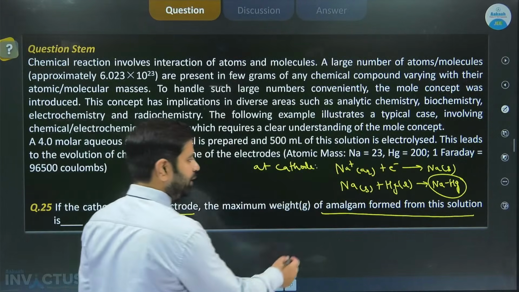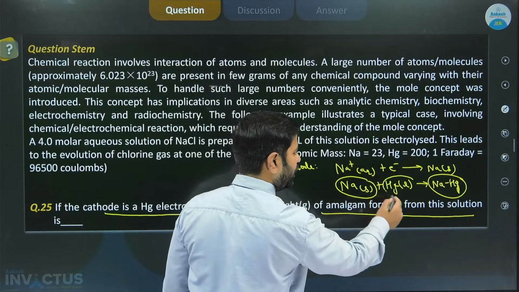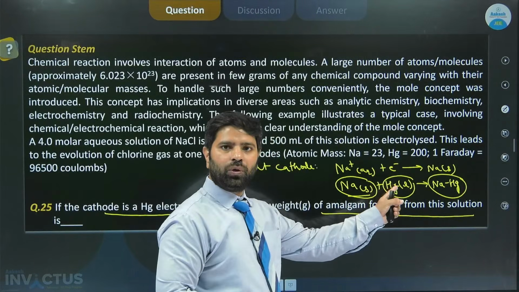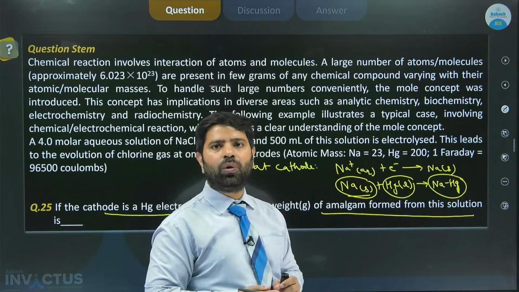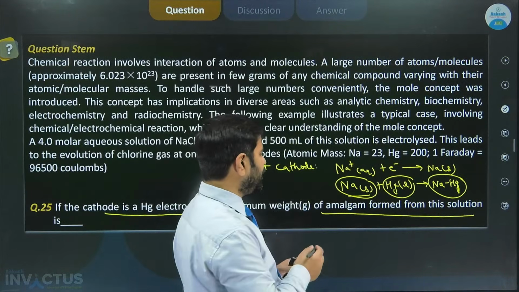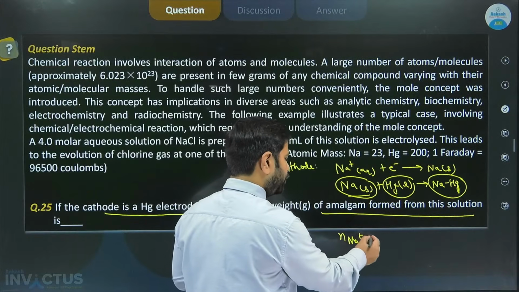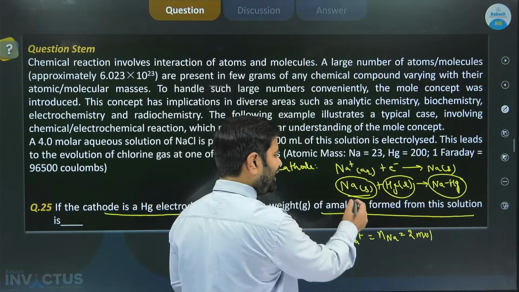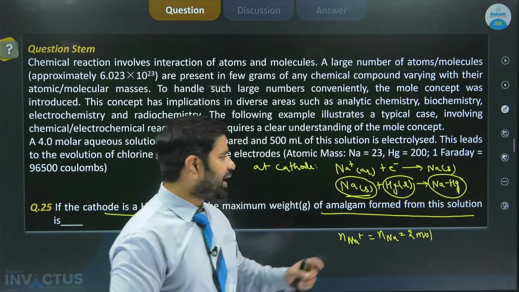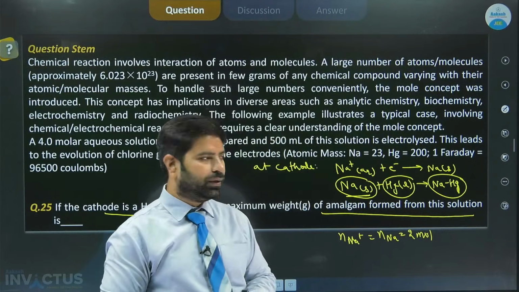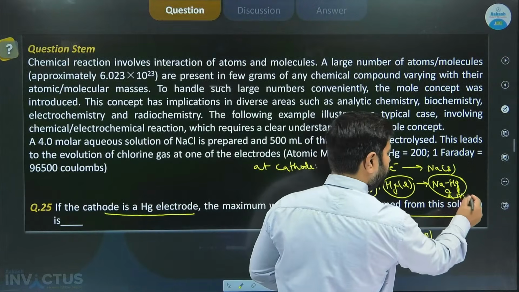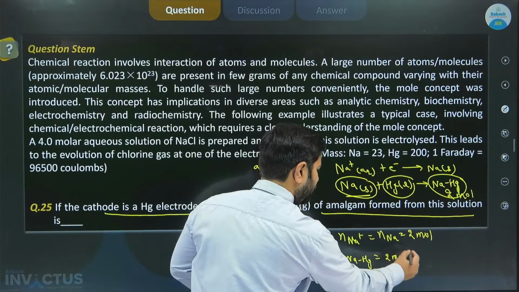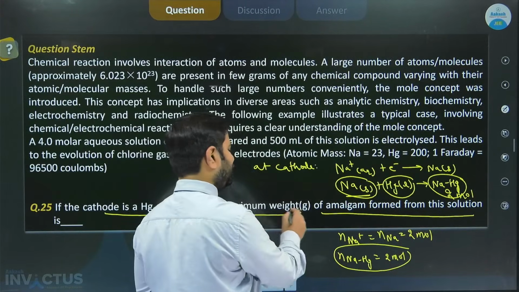Now you know that it will combine in the ratio of 1:1. 1 mole of sodium will react with 1 mole of liquid mercury. Now how many moles of sodium will be produced? Moles of Na+ would be equal to moles of Na, which is 2 moles. So you can say that 2 moles of solid sodium will react with 2 moles of mercury. So it will produce 2 moles of sodium mercury alloy. Now it is asking about the maximum weight.